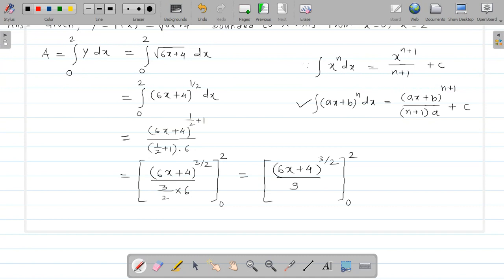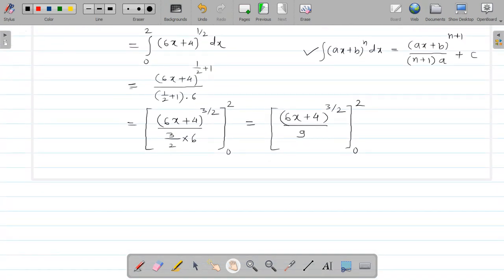Okay. Now to get the definite answer, we will put the limits, but before that 1 upon 9 is common. Now it is 6x plus 4 raised to 3 by 2, in which we have to put the limits, that is from 0 to 2.